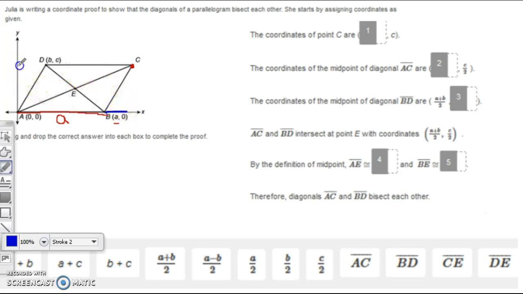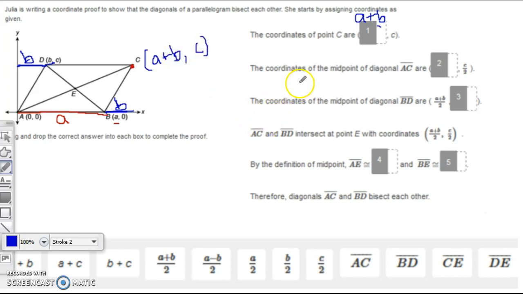If you look up here, we already know that that is B, and so the rest of this distance is also B. So to get all the way out to C using the x-axis, we would have to do A plus B. We would have to add those two distances together to get out to that coordinate. And then we know the height is C because the height of that one is also C. So this one's located at A plus B, comma C.